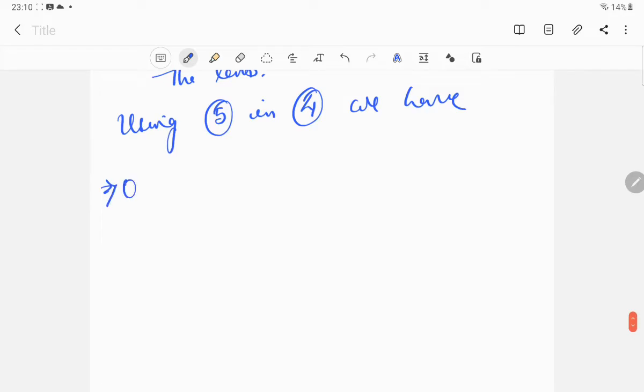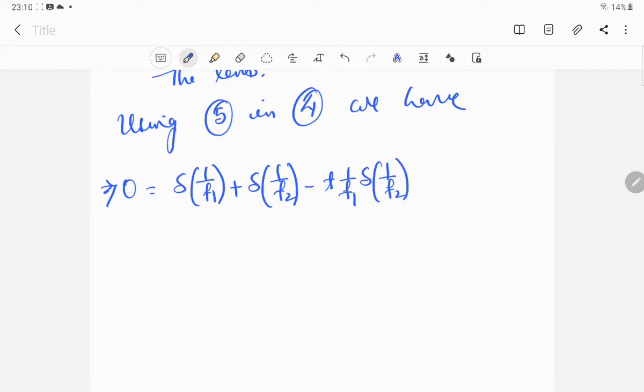It was 0 equal to del of 1 by f1 plus del of 1 by f2 minus t into 1 by f1 del of 1 by f2 minus t into 1 by f2 del of 1 by f1. So that is equal to 0.